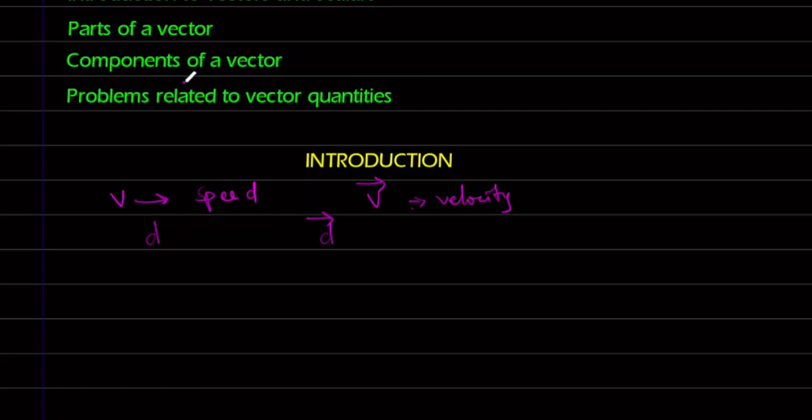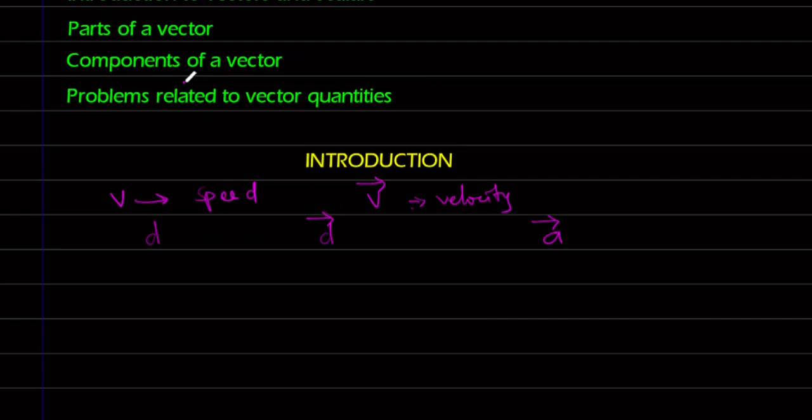So in vector quantities, an arrow helps us to differentiate it from a scalar quantity. Another example is acceleration. The acceleration vector is a, and we put an arrow at the top, and this way we can symbolically differentiate between scalars and vectors.